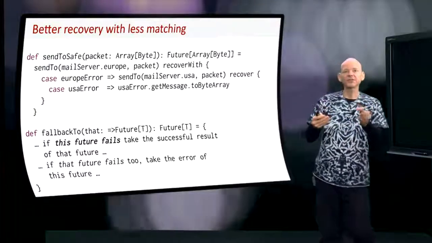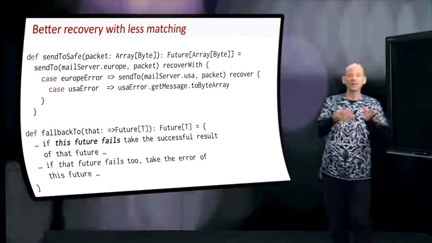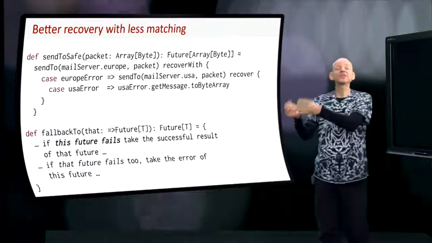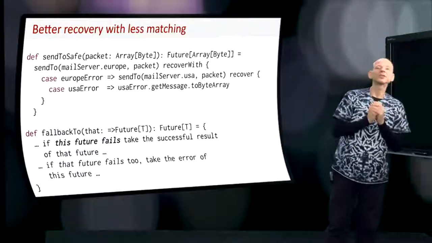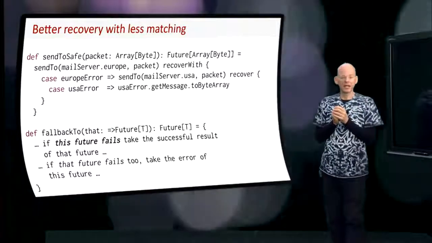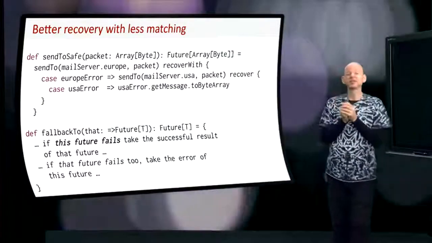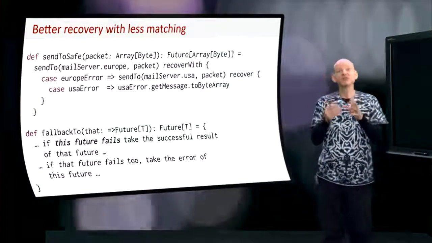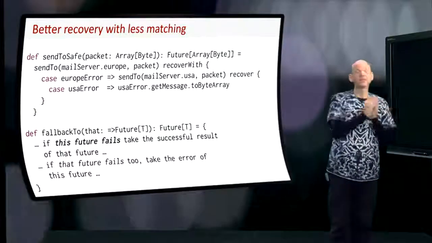When that fails, it will try the fallback future. But if that fails, it will return the error that the first failure was.